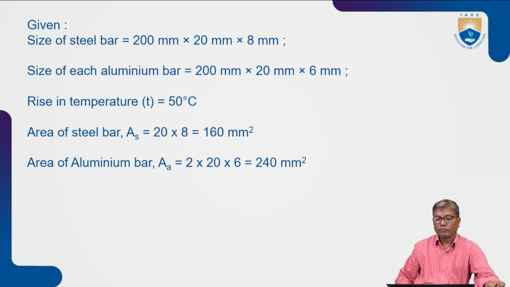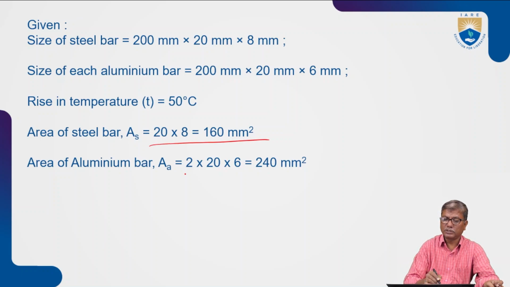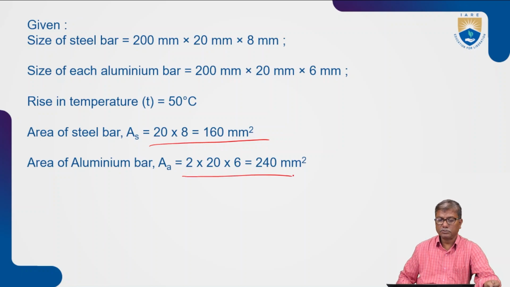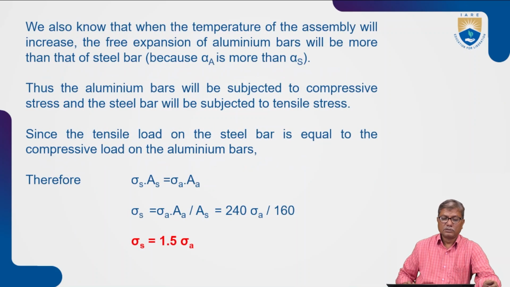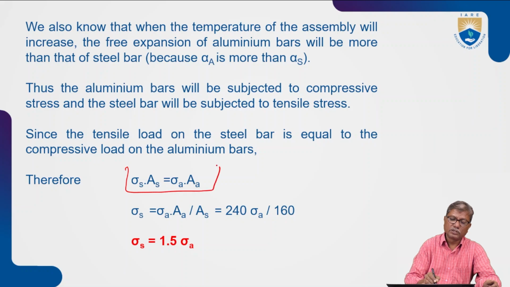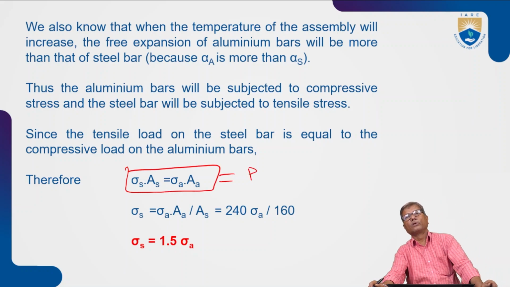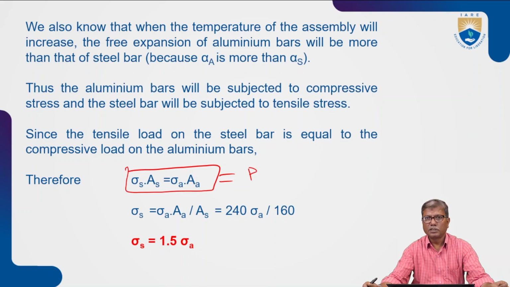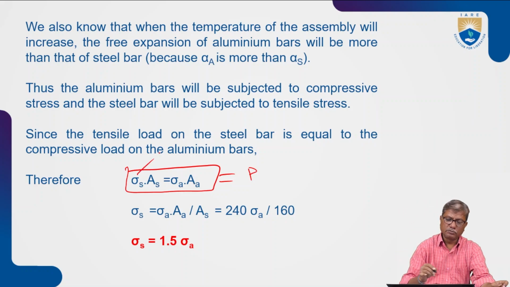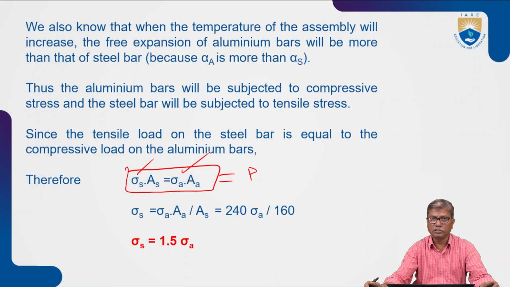Yeah. So the areas are, for steel it is 20 into 8, for aluminum 2 into 20 into 6, 160 and 240 mm square. And the condition that we have seen already, the tensile force in steel bar is equal to sigma s A s, and compressive force in aluminum bar is sigma a A a, area of aluminum.